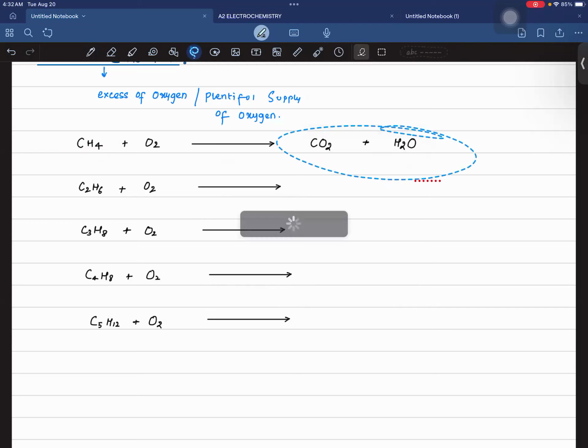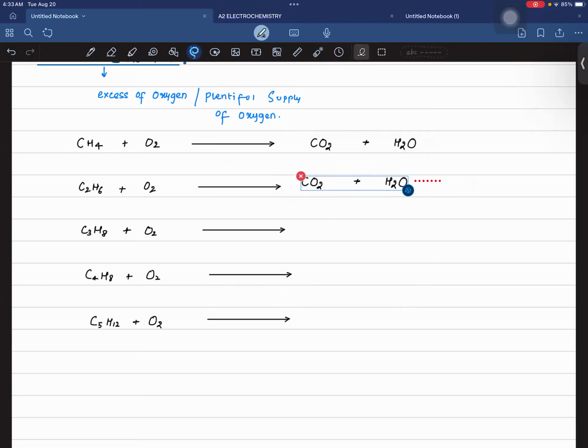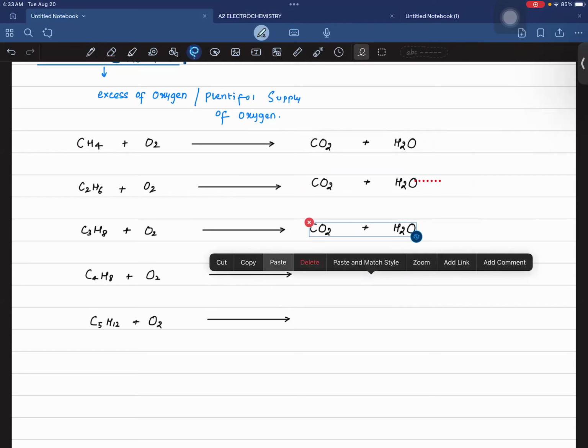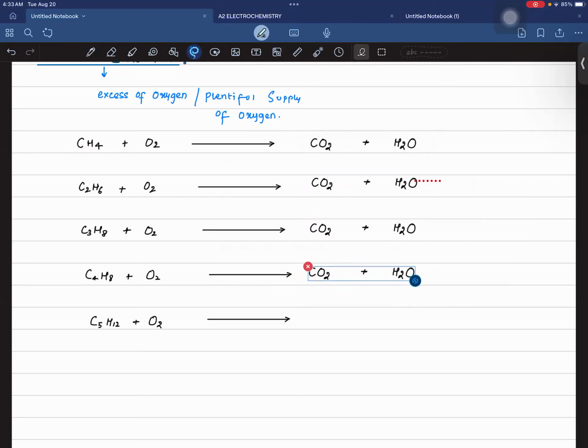The product would remain the same, just like this. Then you need to balance this equation.